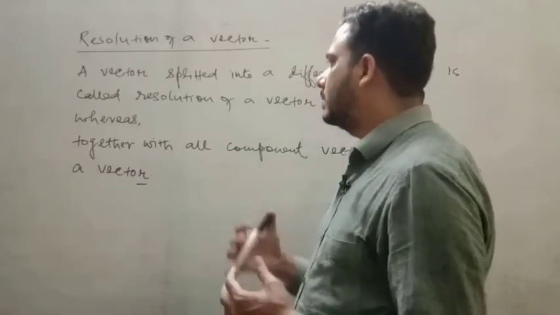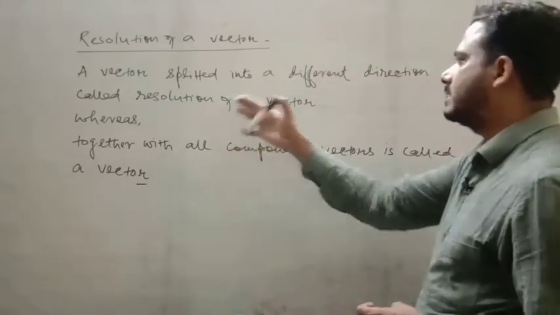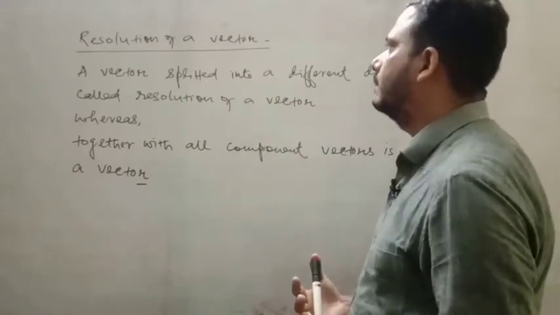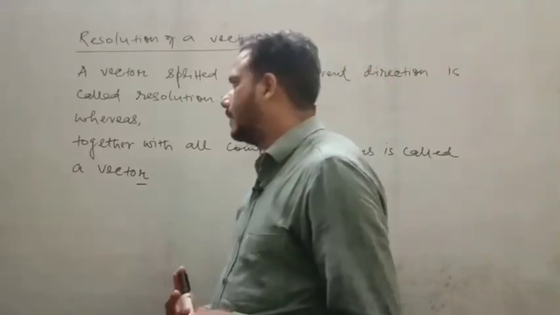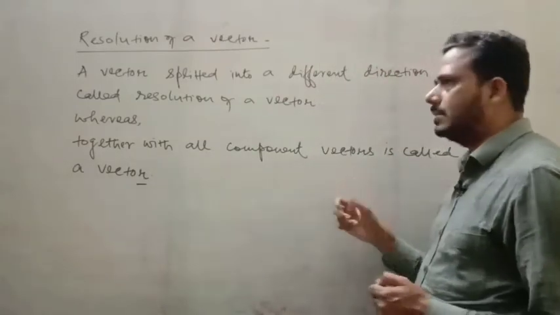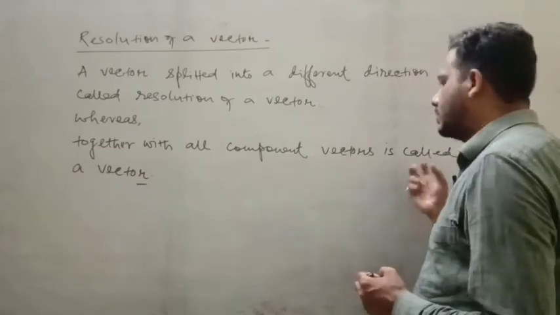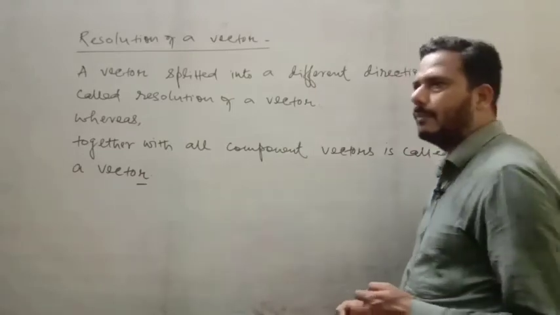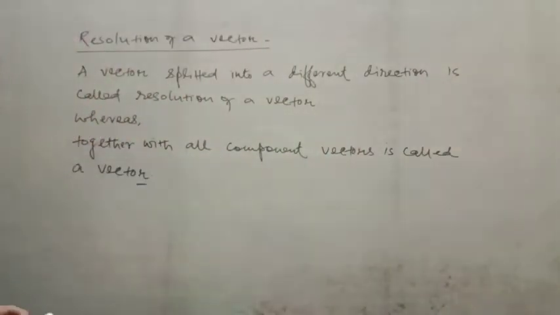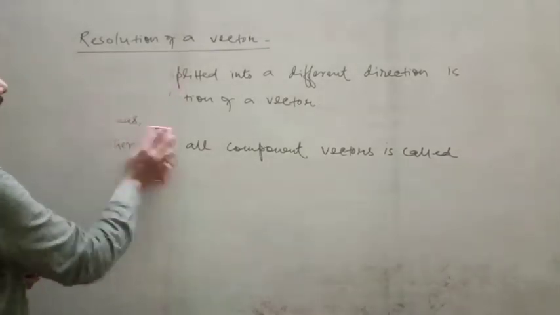So this split vector is called a component of a vector or resolution of a vector. Whereas together with all the component vectors that we have split, that is called a single vector. Okay. So for this, simply we have to take a vector in a plane.